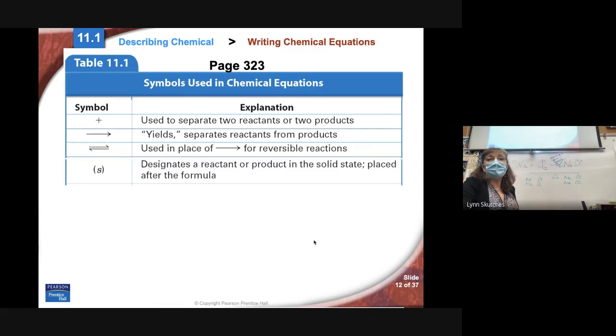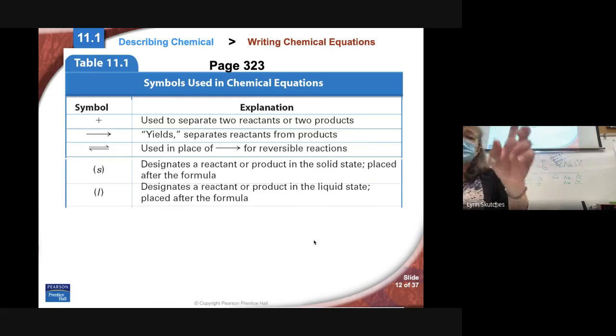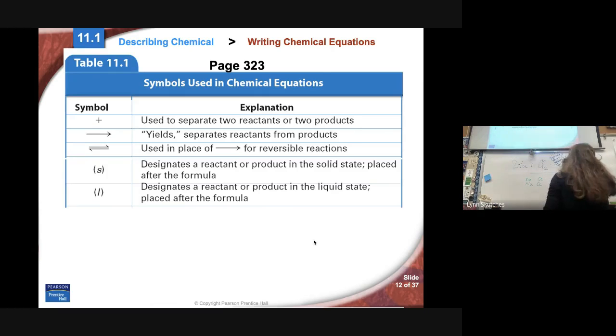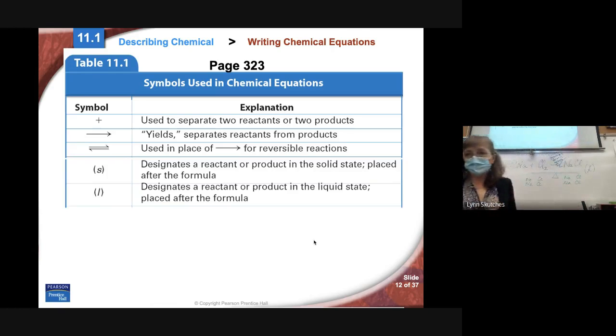A little s is for solid, as you said, a little l for liquid. And again, because lowercase l on a periodic table, the font that they've chosen to use, it looks like a capital I because they don't put the top and bottom on the I. Same thing with the lowercase l. They've got it in italics, but I like to do a cursive lowercase l just to make it clear.